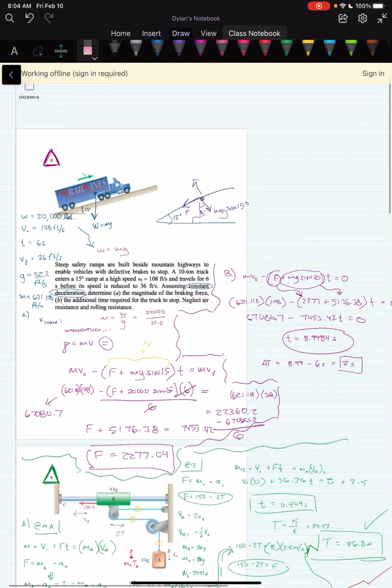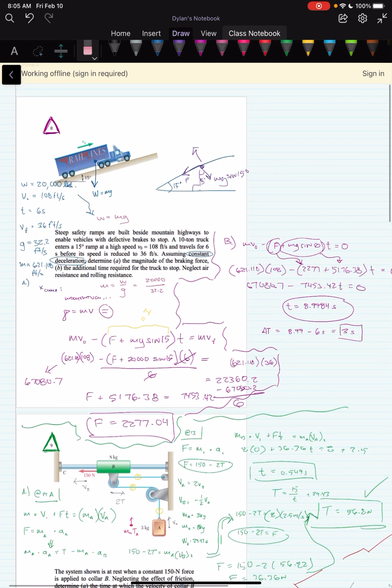Okay, so this is part B of chapter 13 homework, and moving on with the first problem. Basically, I put all of my knowns on the left-hand side here, and I needed to solve for the mass of the trailer and the cab, or the truck.